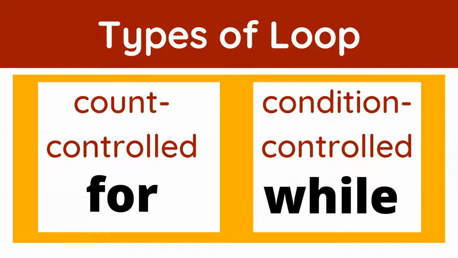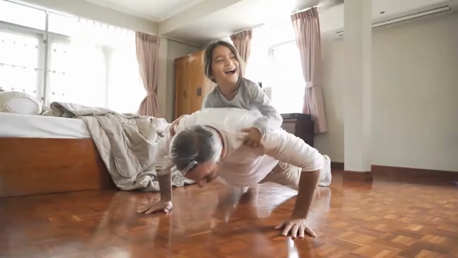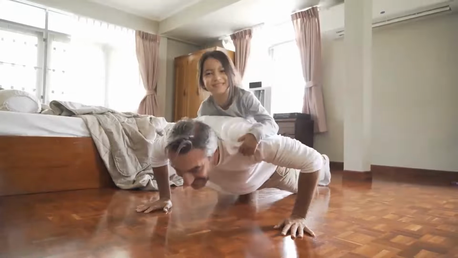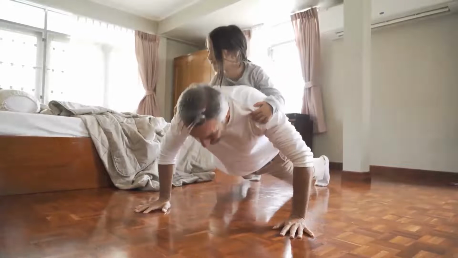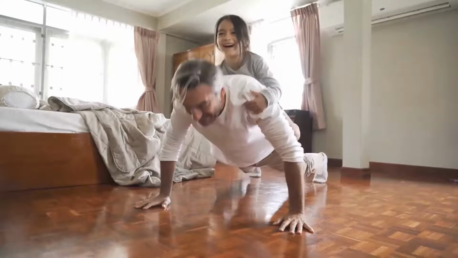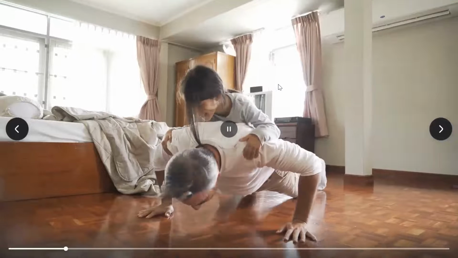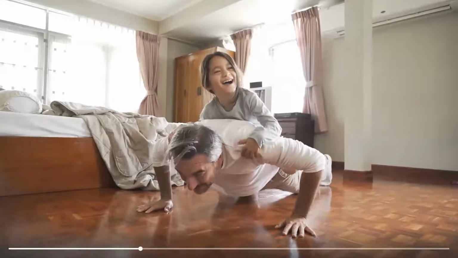So let me explain with a simple example. In this video, this gentleman is doing push-ups. Each time he is doing the same step, going down and coming up. If he is doing push-ups for a certain number of times, like 5 times, 10 times, a limited number of times, that is called for loop.